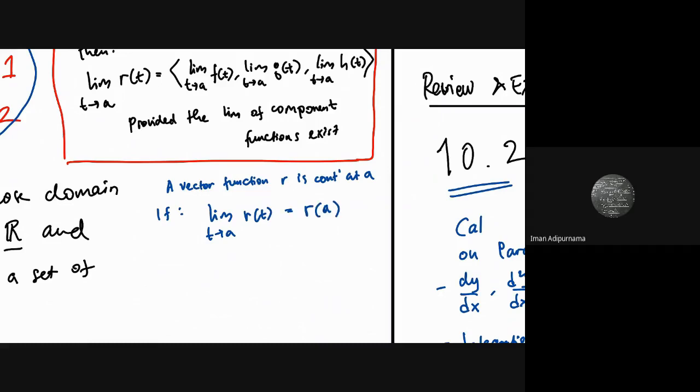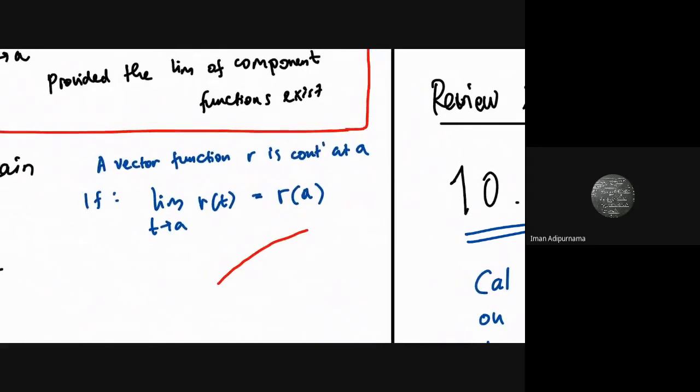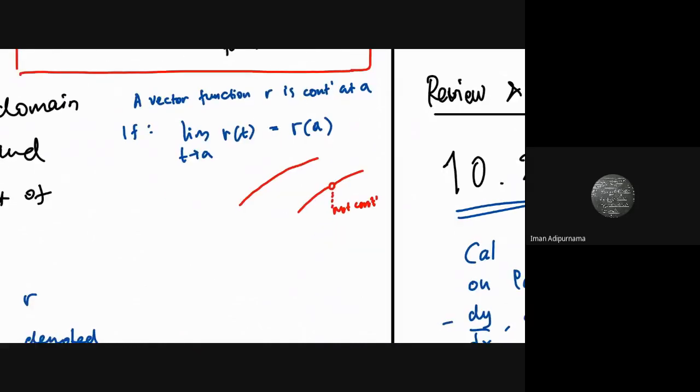It's continuous if there is nothing that blocks or disrupts the line, different from a line with a hole, which makes it not continuous. I hope you remember this concept of limit.